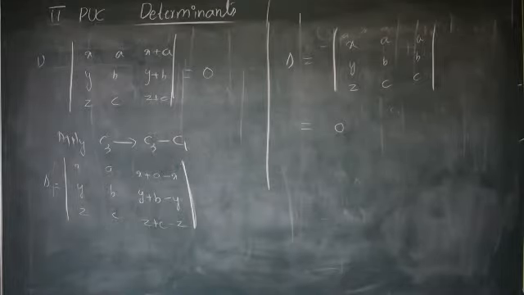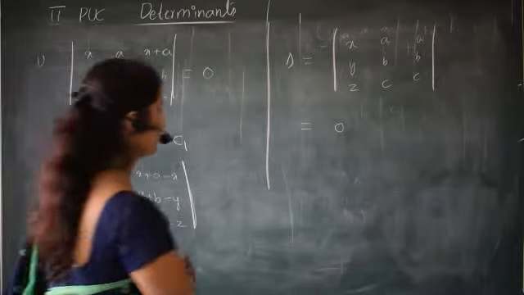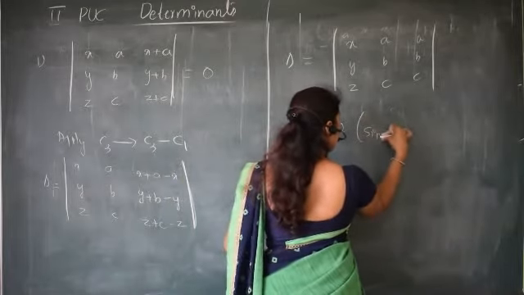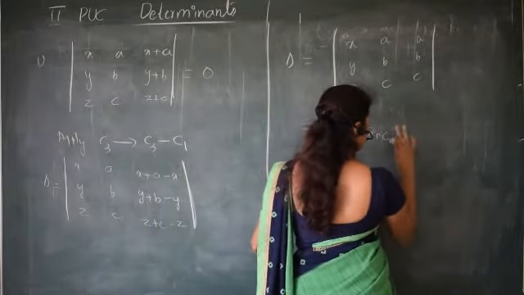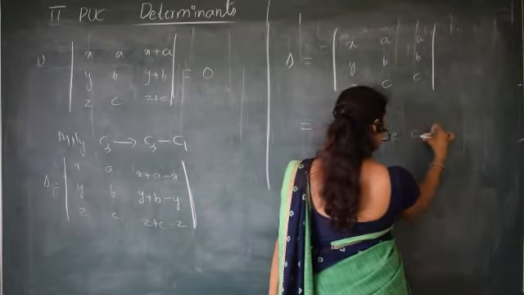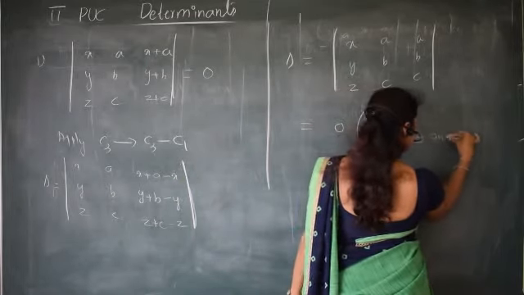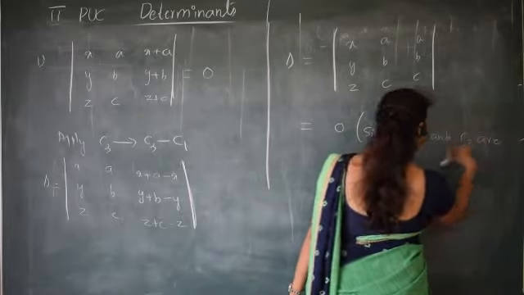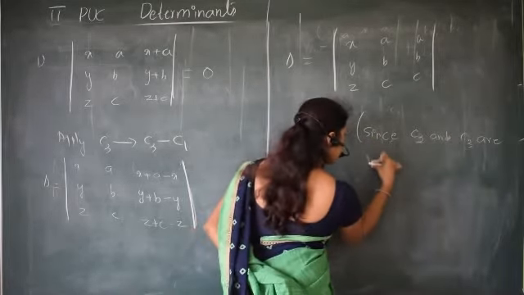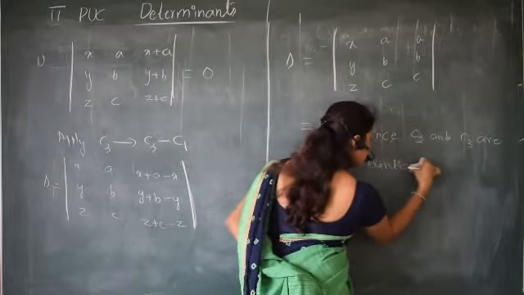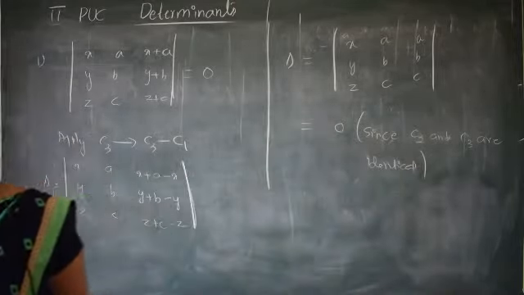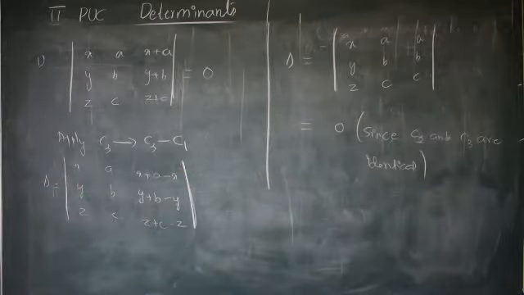Why is it 0? Since C2 and C3 are identical, therefore the determinant value is 0.